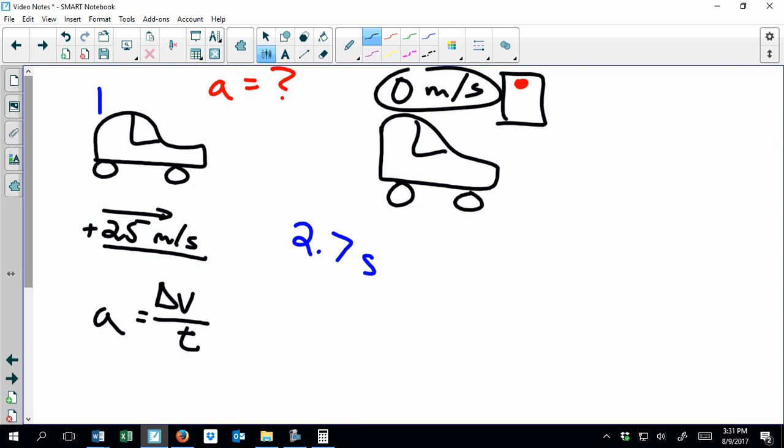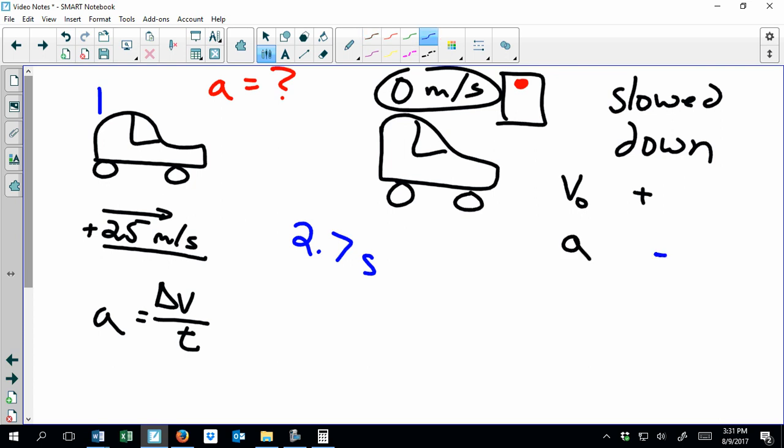So I slowed down, which means that my initial velocity was positive, so my acceleration is going to be negative if I do this problem right, because in order to slow down, I have to mismatch those two signs.